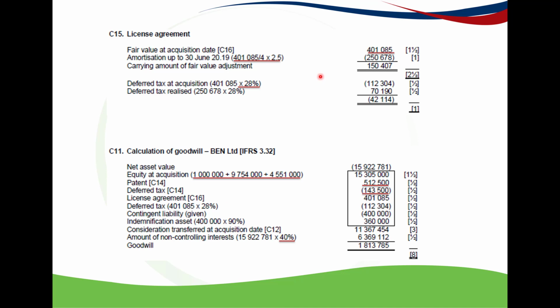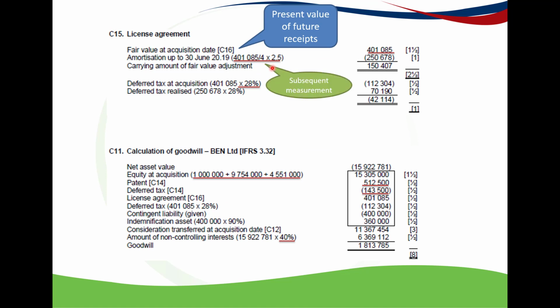So here's just a short summary of the license agreement and the present value, which would have been calculated as the 3-year period, the payment per year of 125,000 using the discount rate. There's our subsequent measurement, which is the useful life of 4 years, and since acquisition up to the end of the year it's 2.5 years.